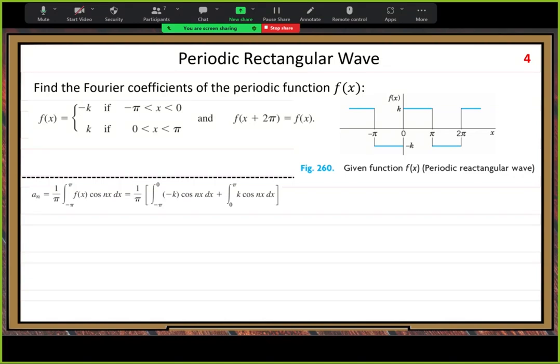First, let's calculate a_n by the Euler formula. We work on one period.